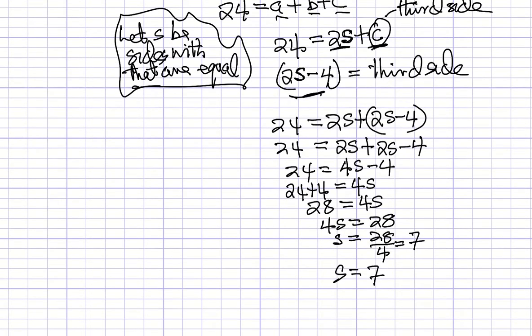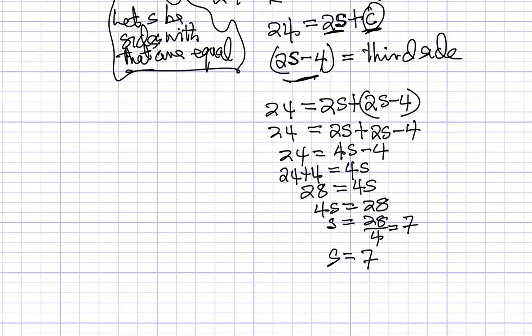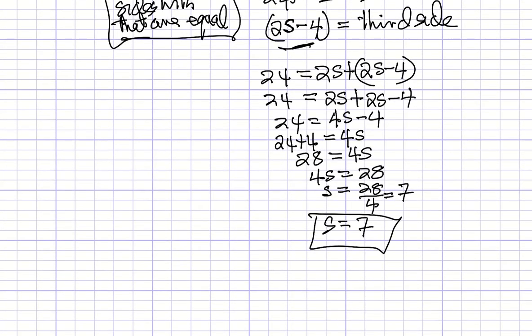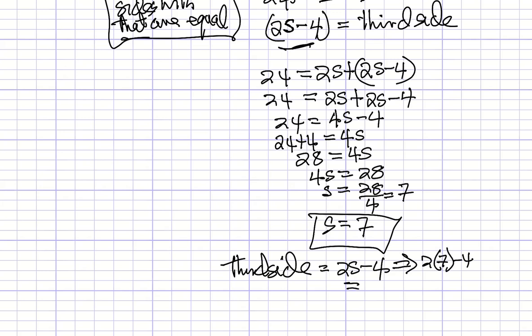The two sides that are equal are each 7. The third side, based on what we set up, is equal to 2s minus 4, which is 2 times 7 minus 4. That is 14 minus 4, that is 10. The third side is 10.